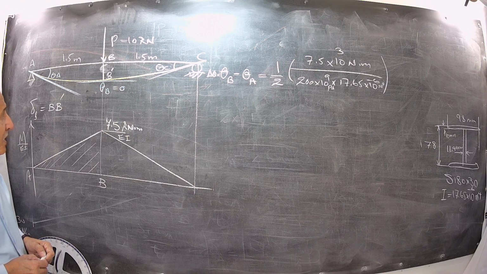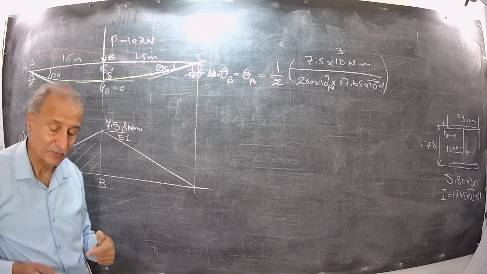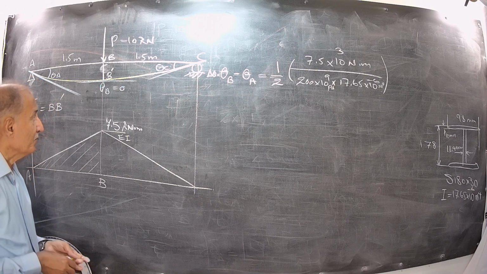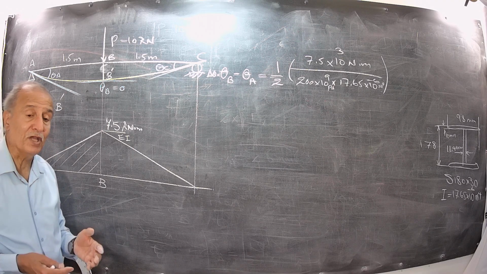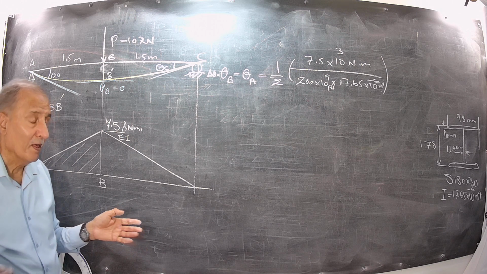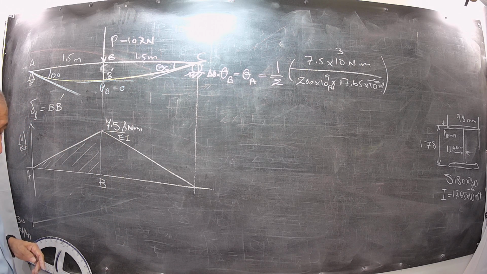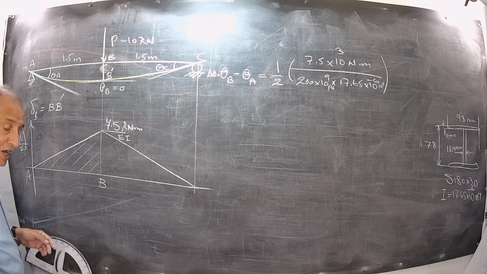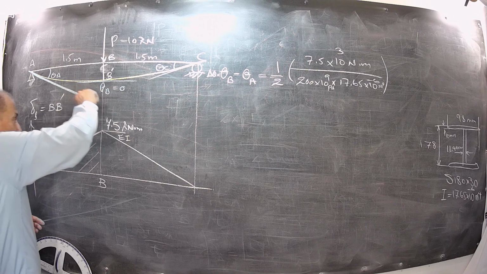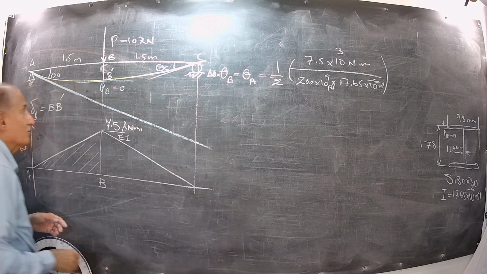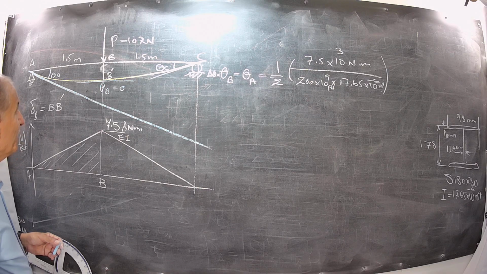Second theorem. Second theorem is a little different from cantilever beam. From cantilever beam, it is different because in cantilever beam, deflection and deviation was the same. But here, there is a difference between them. I show deviations here. I continue to draw the tangent line at A completely and show deviations here.